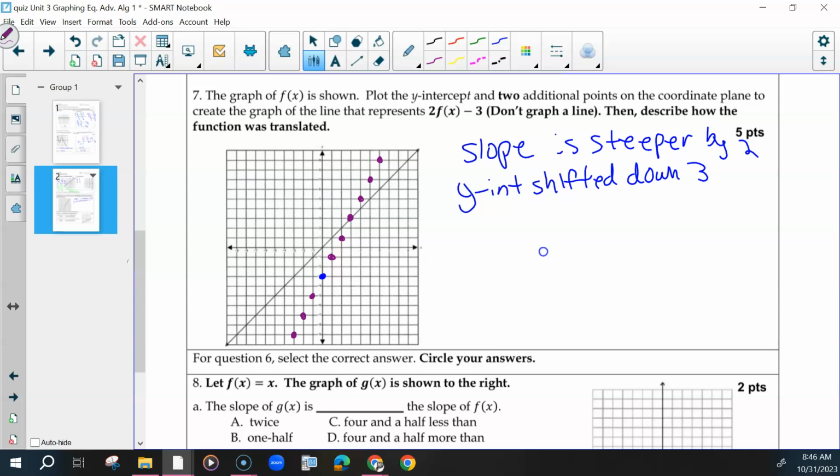So any of those purple dots, but you should have only had 2 of them. If you had the y-intercept and more than 2 of these, you got points taken off because you weren't following directions. Questions on that one?